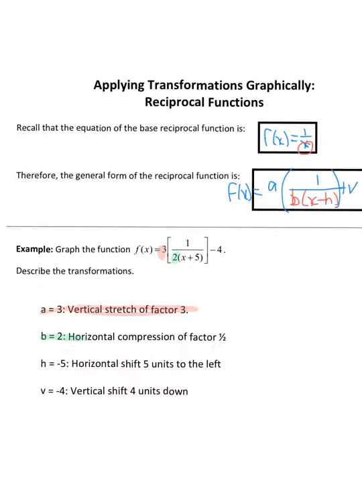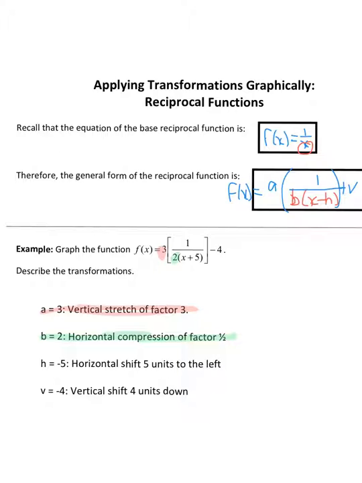So b equals 2, which means there's a horizontal compression of a half. Even though the 2 is on the denominator and this looks like a half, the 2 is multiplied by x minus the h value. So in front of the x minus h is 2, so that means b is 2. It's in the bracket, so it's a horizontal compression of a half.